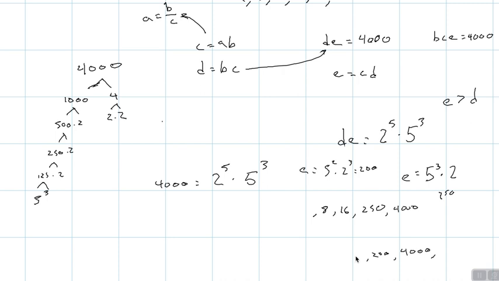Yeah, we'd have 5 squared times 2 to the 3rd, and then 5 times 2 squared, so then we could have 20.